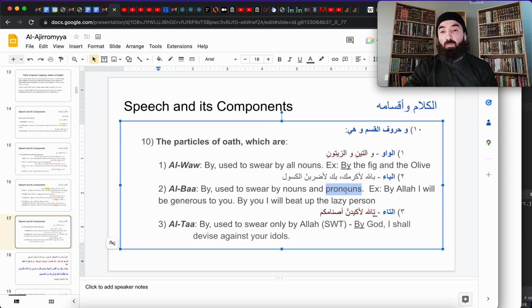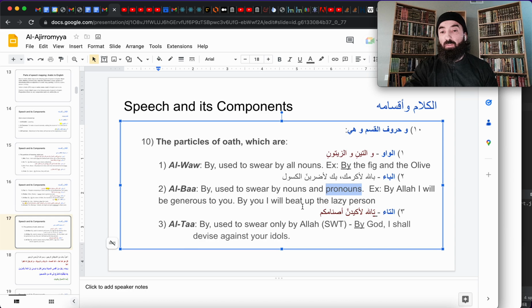So you could say bihi la ukrimaka, meaning "by Him," using a pronoun, or you can say the name of Allah itself and say billahi la ukrimaka, "By Allah I will be generous to you."